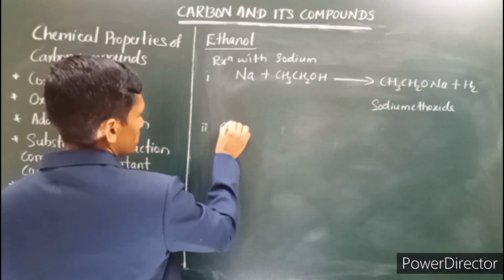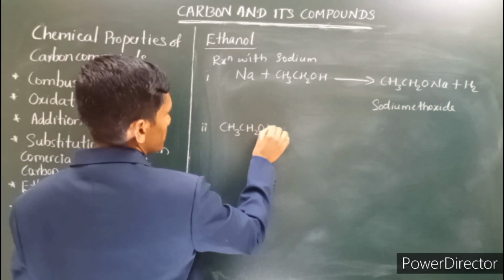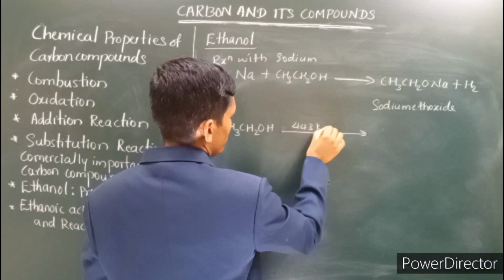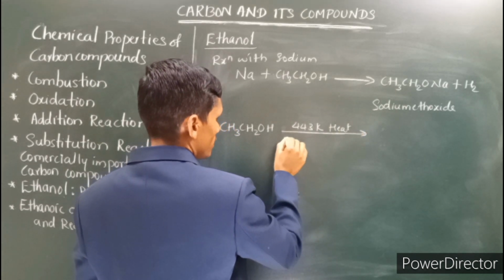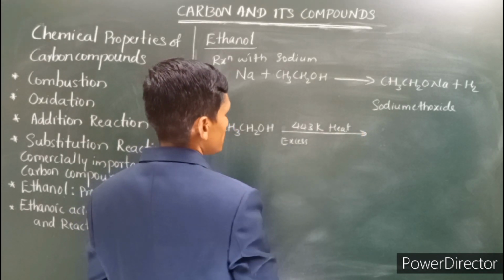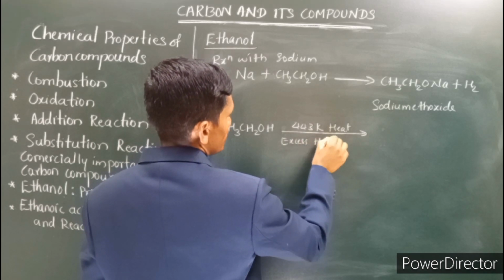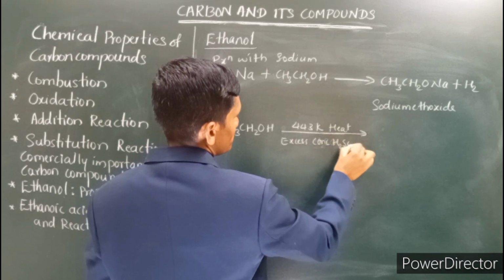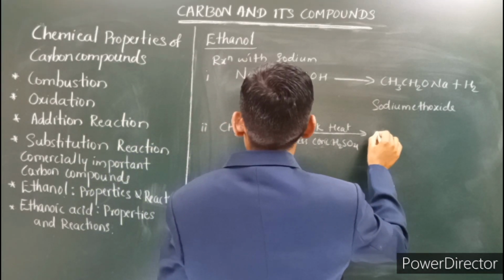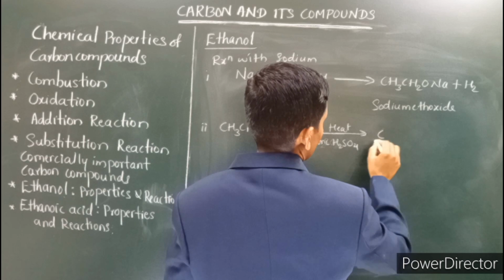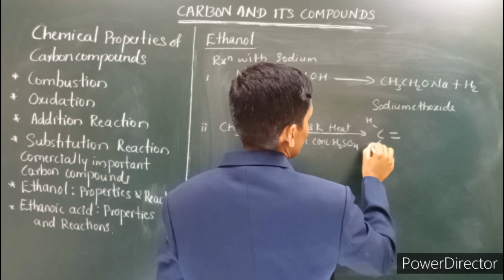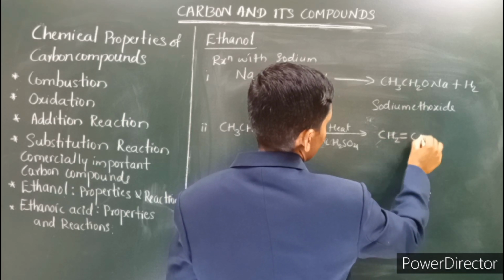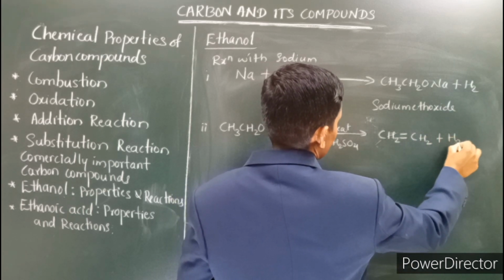When we heat ethanol at 443 Kelvin in the presence of excess concentrated sulfuric acid, H2SO4, it gives ethene, which we can write as CH2=CH2, and water is also liberated.